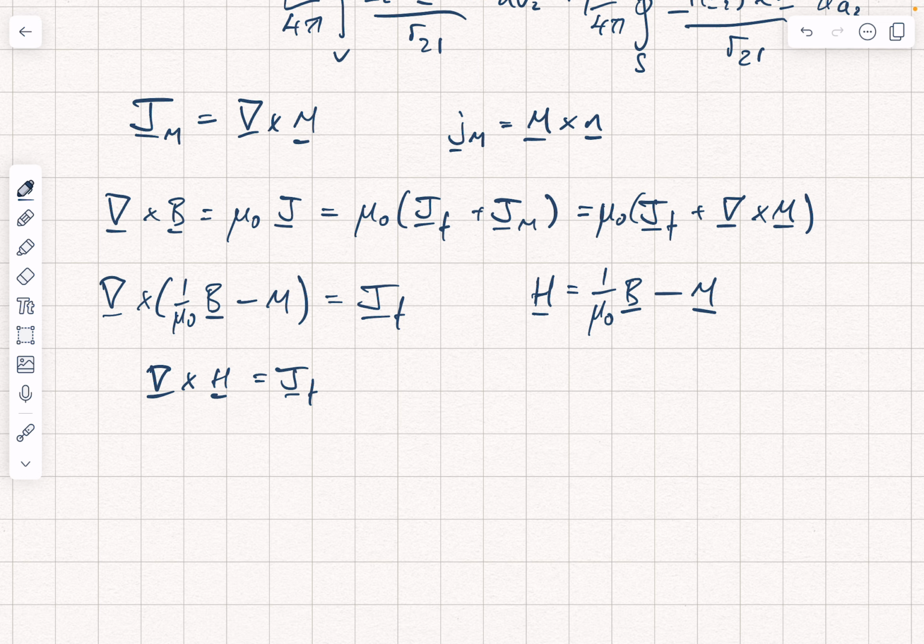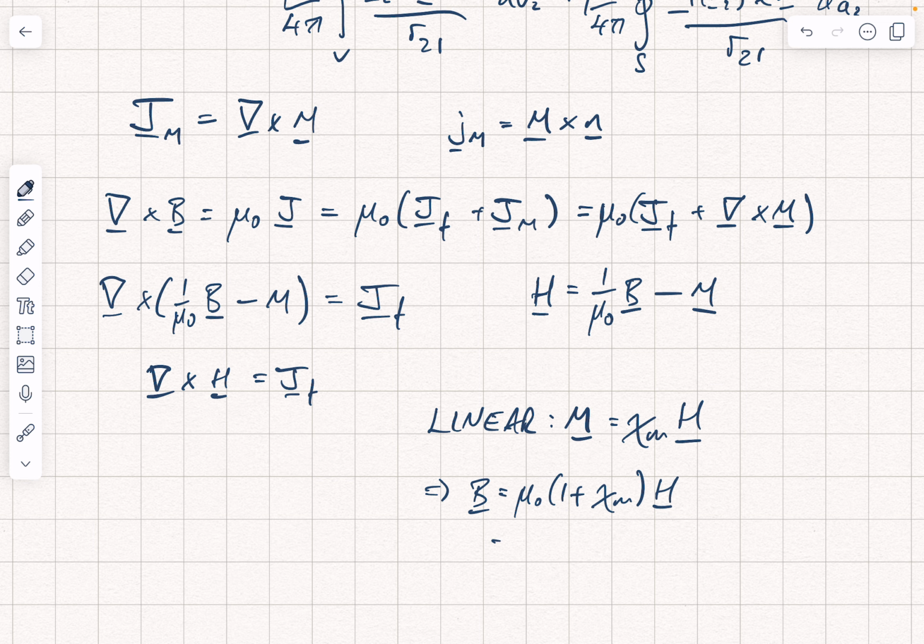If you have a linear magnetic material, you can write that M, let me just rewrite that M because that looks a little bit like an H, M is equal to chi M, the magnetic susceptibility, multiplied by H, at which point we would have that B is equal to mu naught times (1 plus chi M) H, which of course you could write as mu naught mu R H in exactly the same way as we did for D and E. In magnetic materials, chi can be both positive and negative, so you have to be just a little bit careful.